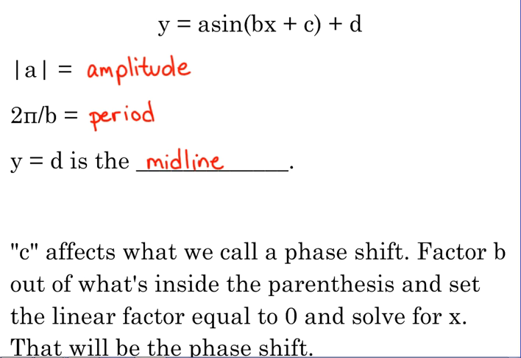What I mean by that is if you've got 2x in your equation, your plus c may not be 4 or 6 or something that's divisible by 2. You may have to factor out something that doesn't evenly factor out of the other number. So we'll look at a couple of examples like that. And then you take the linear factor, what you're left with after the factoring, set it equal to 0, and solve for x. That is our phase shift. That's how we figure that out.